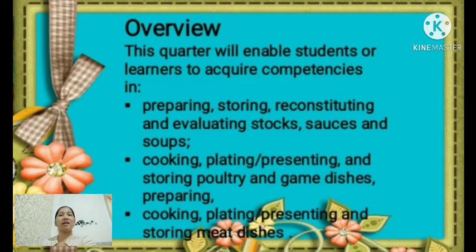This quarter will enable the students to acquire competencies in preparing, storing, reconstituting, and evaluating stock, sauces, and soup. And another one is cooking, plating, presenting, and storing poultry and game dishes. For the fourth quarter, you are going to prepare, cook, plate, present, and store meat dishes.